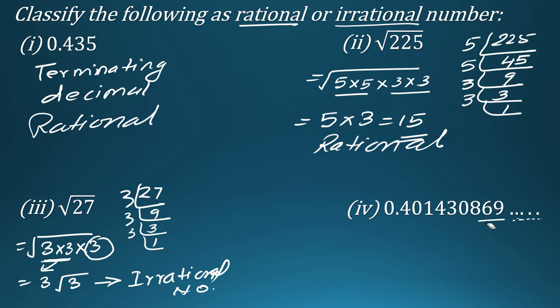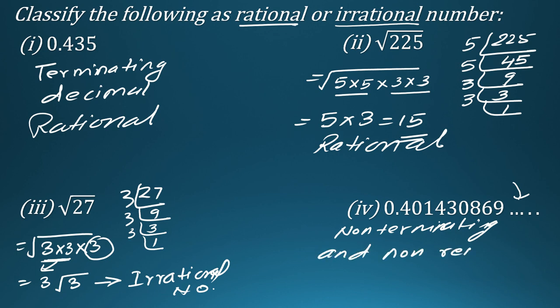Is it a terminating number? No, it is not a terminating number. Why? Because there are so many dots. It means it continues. So it is non-terminating and non-repeating. Non-terminating and non-repeating. So it is an irrational number.